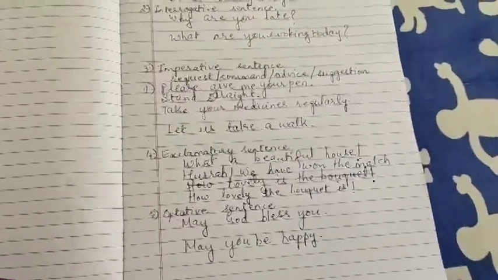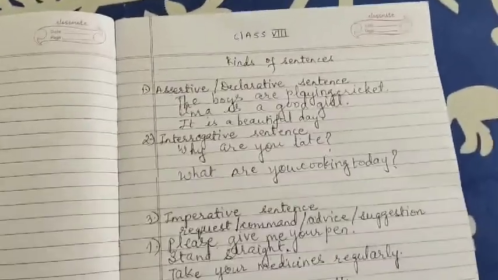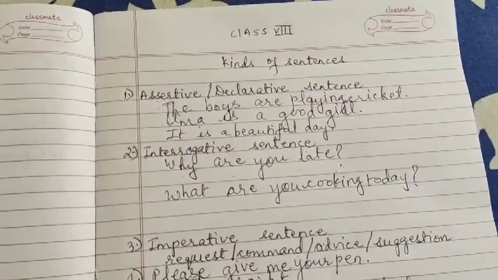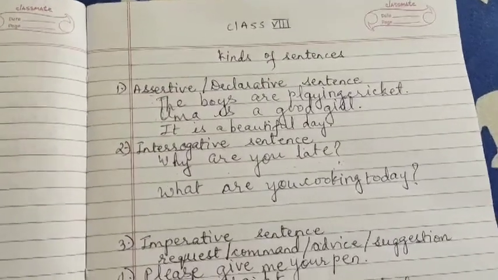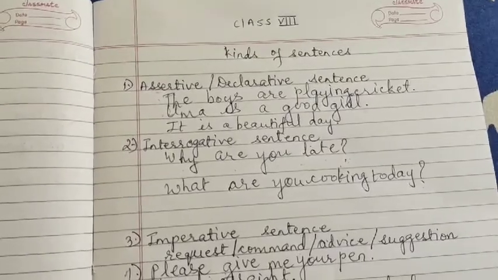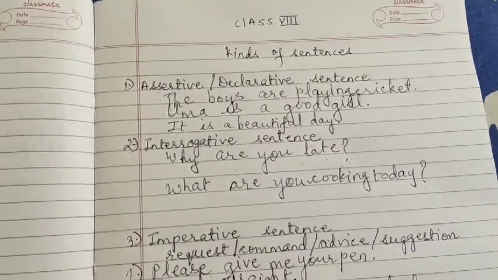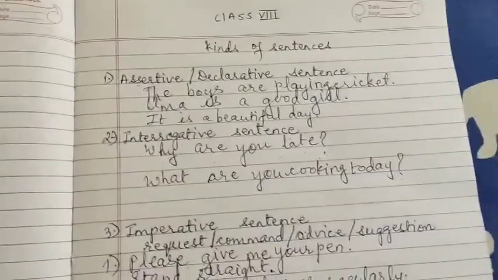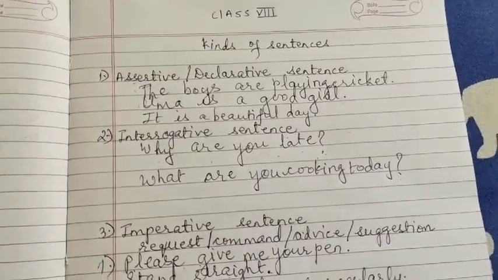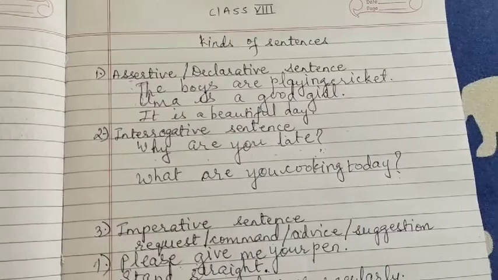After we have dealt with these four kinds of sentences, let us take a look at the assertive or the declarative sentence. Now, what is an assertive or the declarative sentence? It simply states a fact. So, for example, the boys are playing cricket.